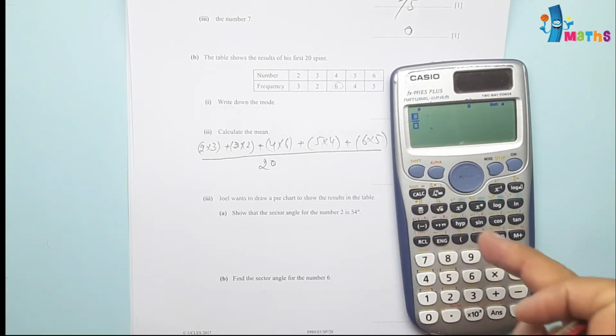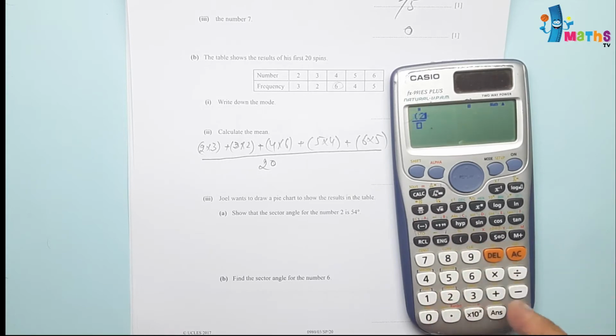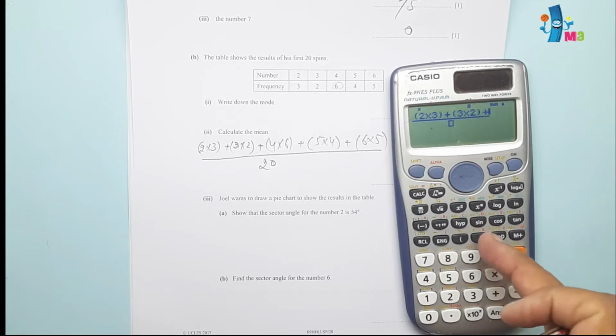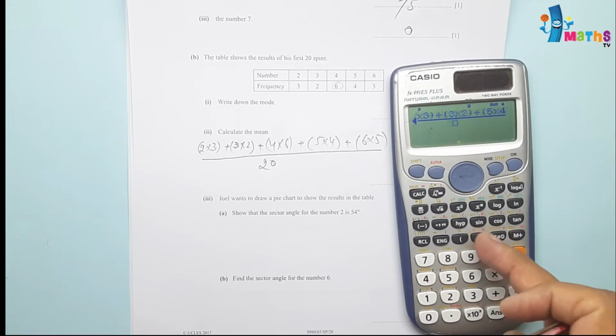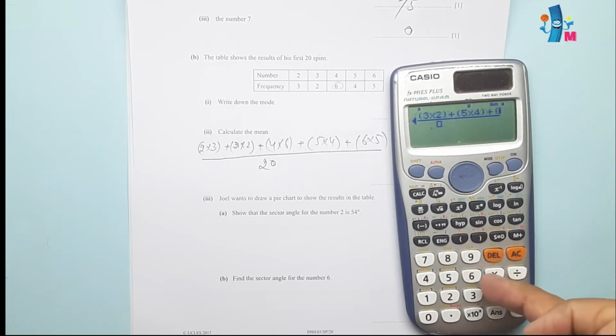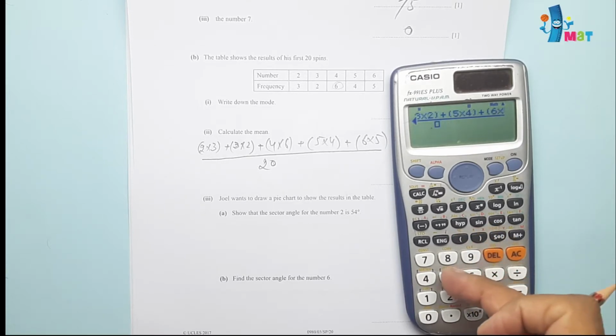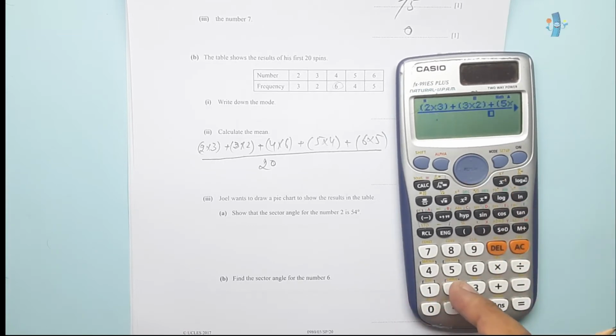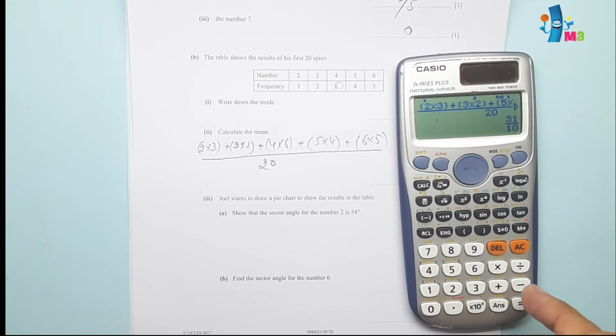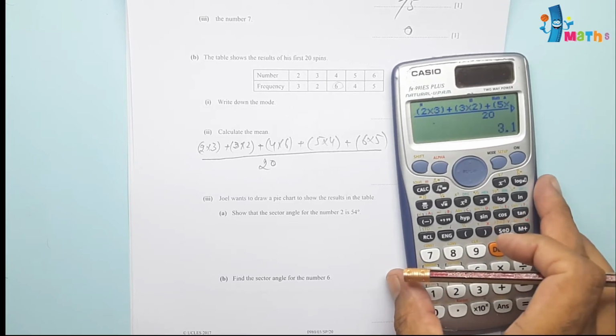So we can use a fraction. 2 multiplied by 3, plus 3 multiplied by 2, then plus 5 multiplied by 4, then plus 6 multiplied by 5, and divided by 20 will result in 3.1.